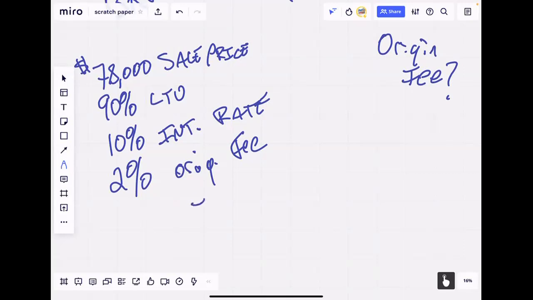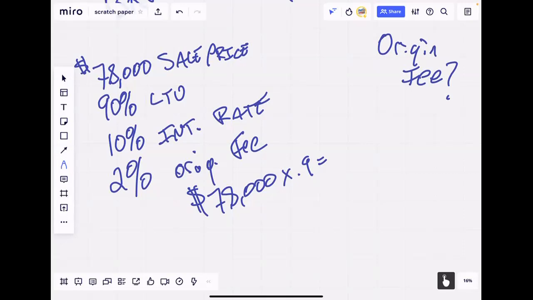So 78,000, which is the sale price, times 0.9 equals what? $70,000. Wait, no, that can't be. 70,200? No, hold on a second. I typed that wrong.